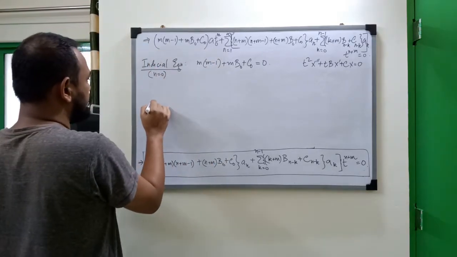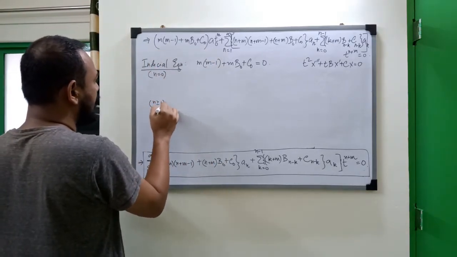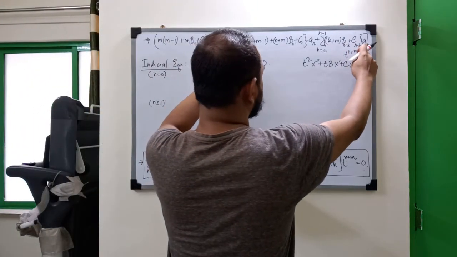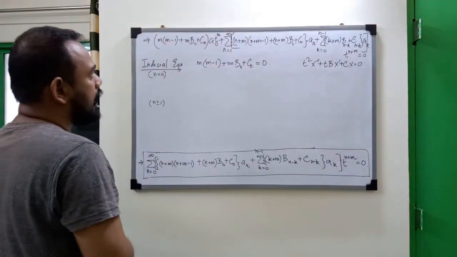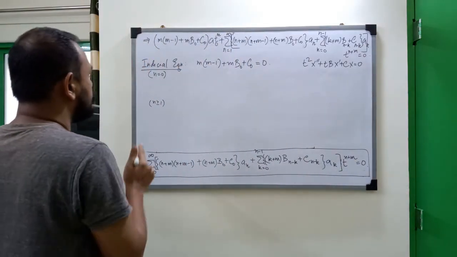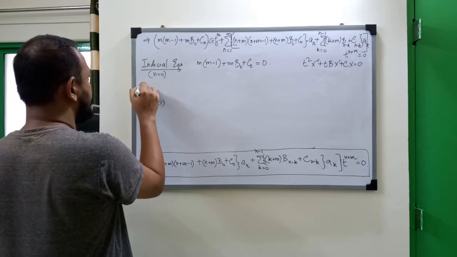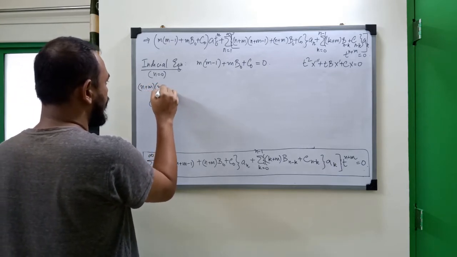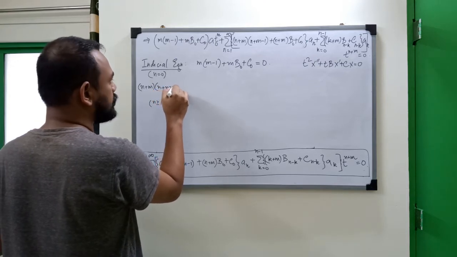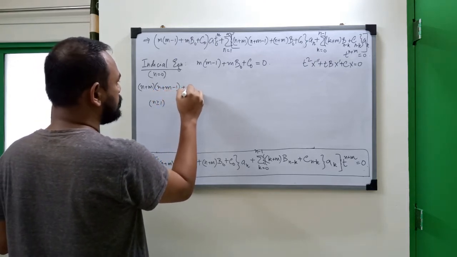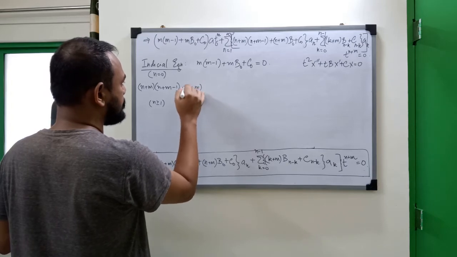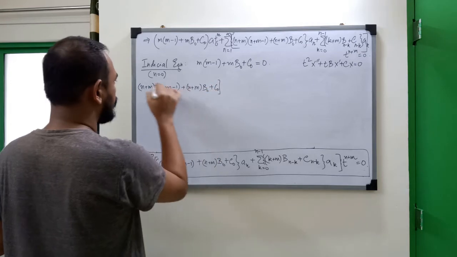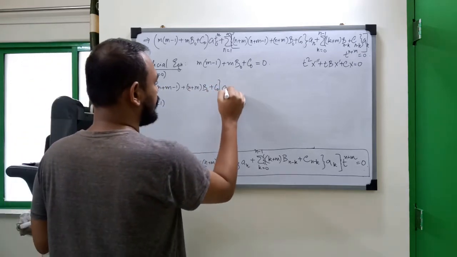For n greater than or equal to 1, we can equate this whole thing to 0, and in that case we will have (n plus m)(n plus m minus 1) plus (n plus m) b0 plus c0, times a_n.